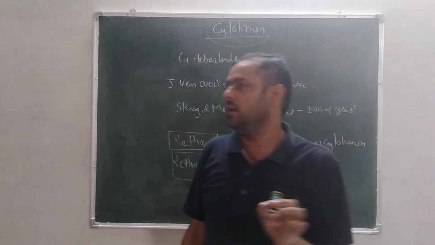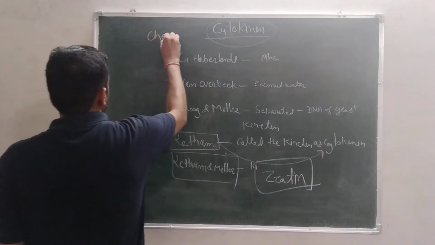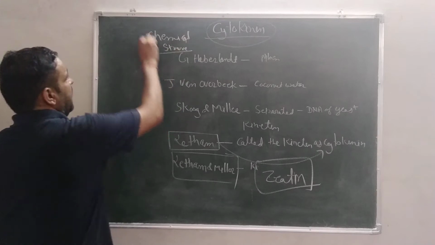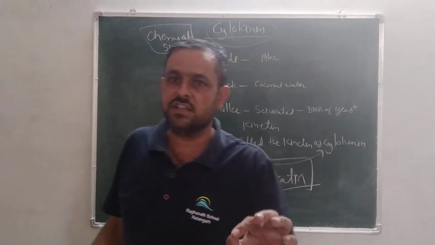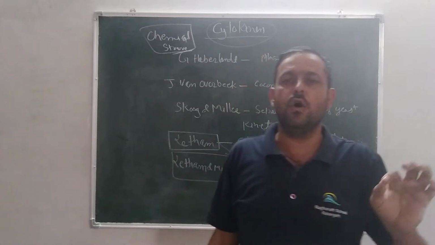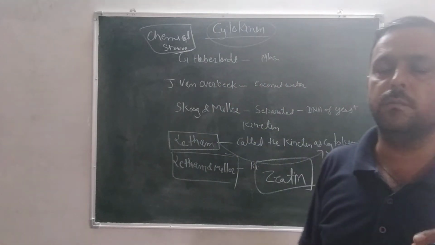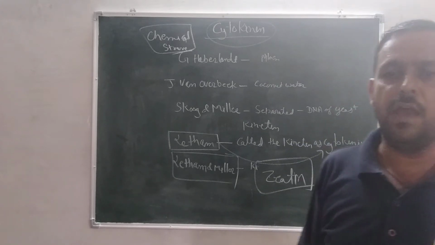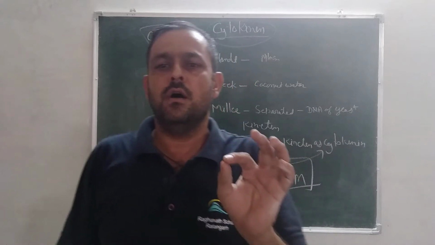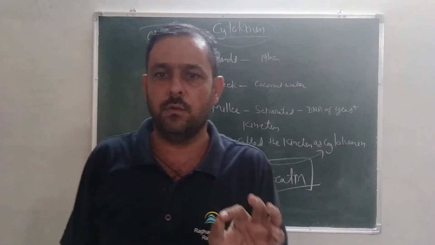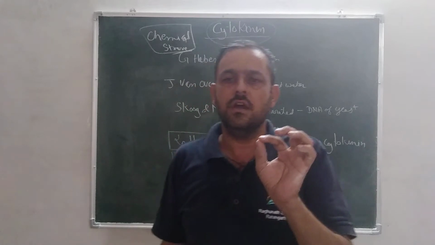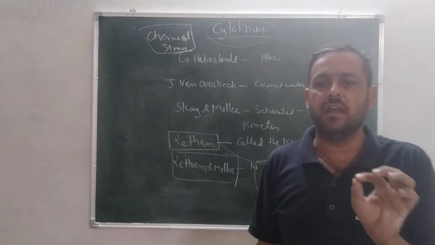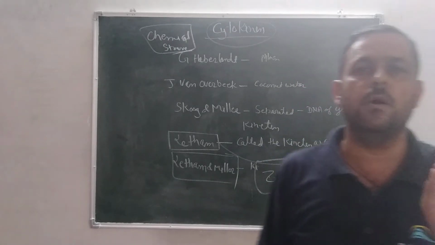Whenever we talk about its chemical structure, cytokinin is 6-furfuryl aminopurine. What is the chemical structure of cytokinin? It is 6-furfuryl aminopurine, in which a furfuryl ring is found. Therefore, the name of the first identified cytokinin is 6-furfuryl aminopurine.